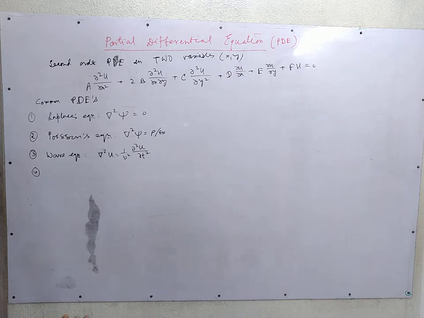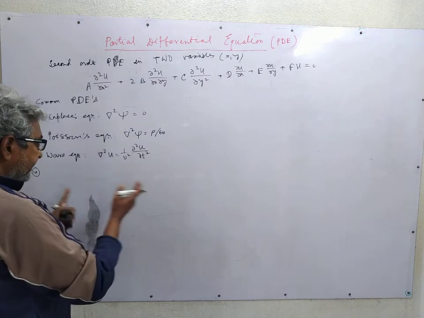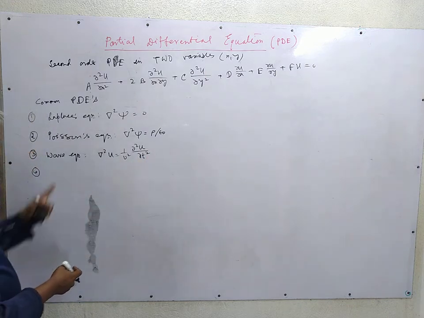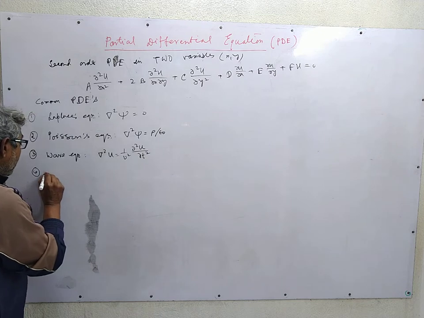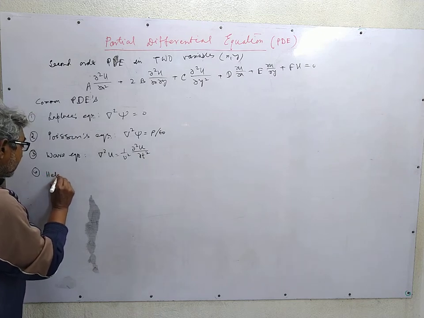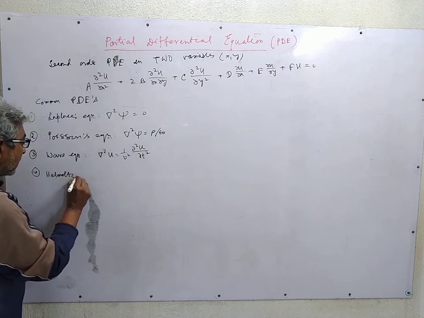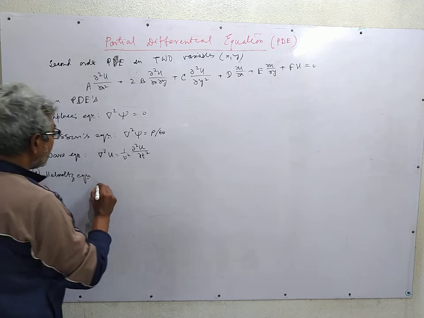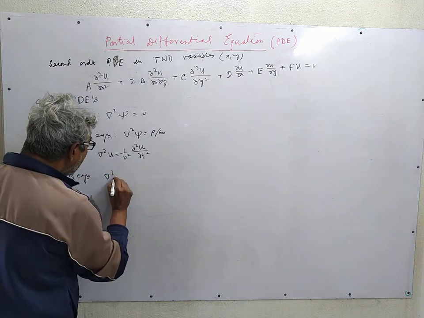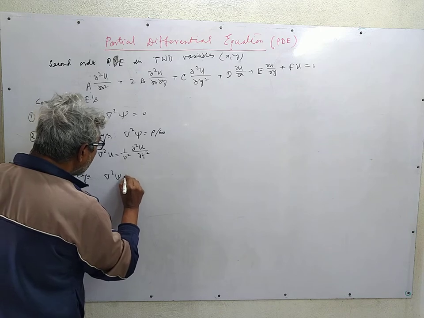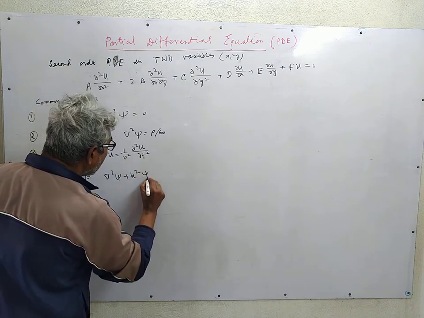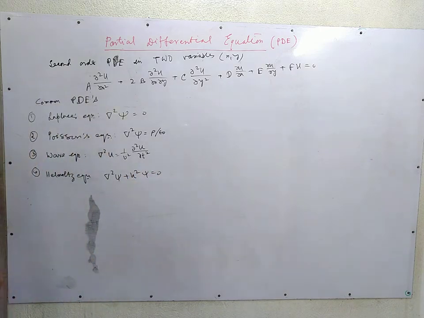Each component of an electromagnetic wave satisfies this condition. If we separate out the time part of the wave equation, then we get the Helmholtz equation. This is the Helmholtz equation, the spatial part of the wave equation.